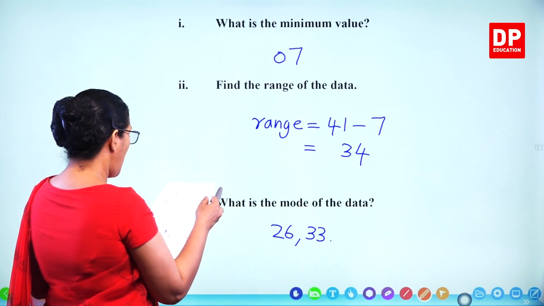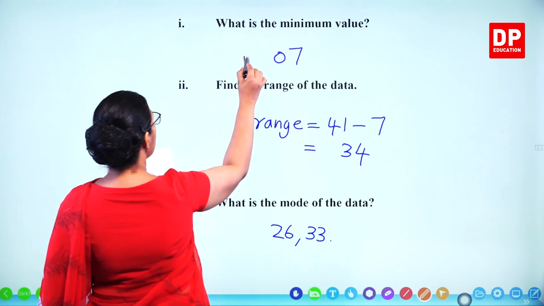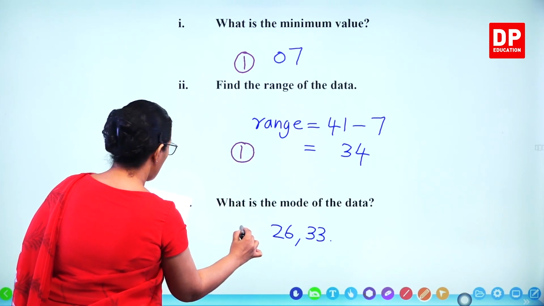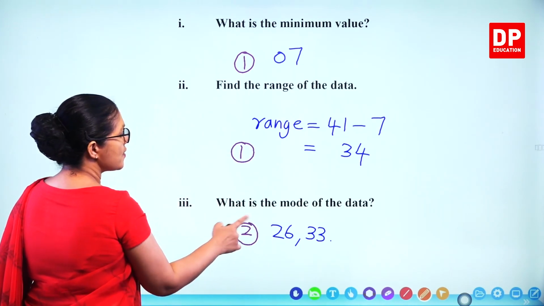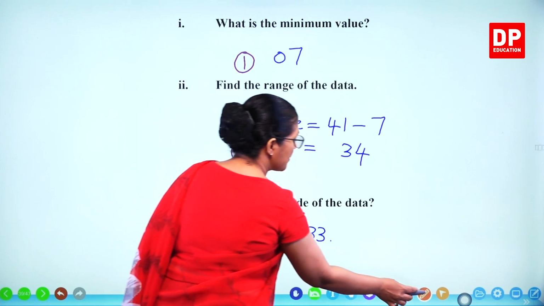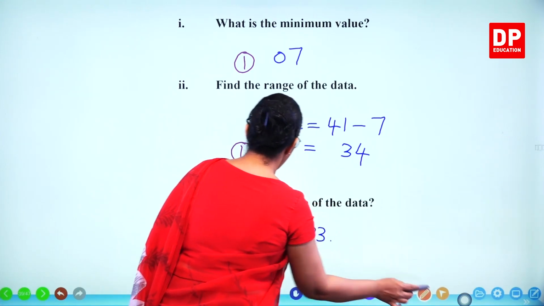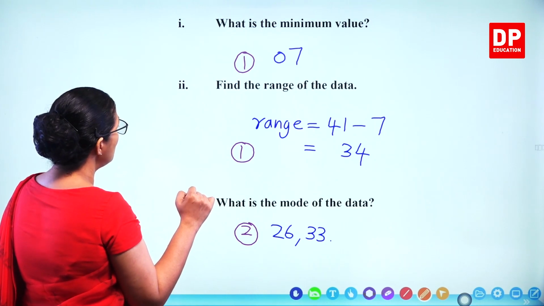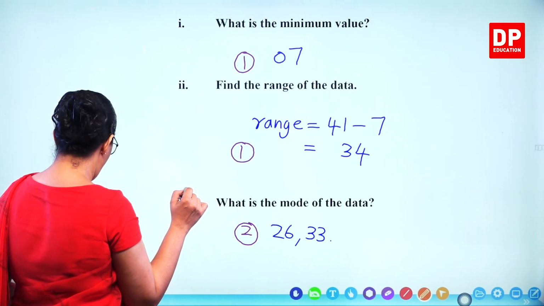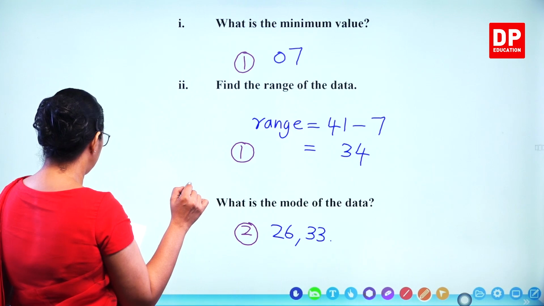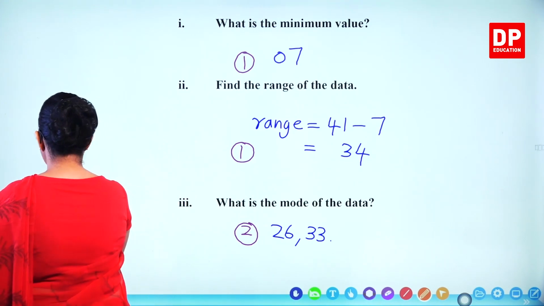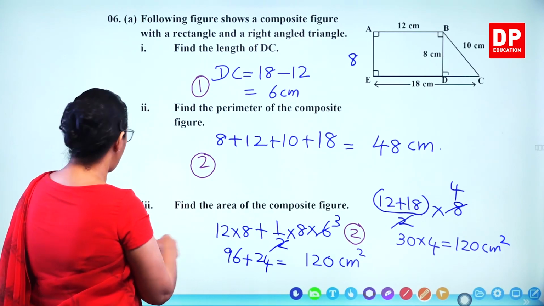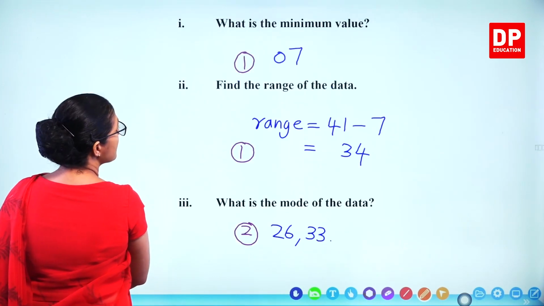When you take the marks, 1 mark here and 1 mark for range and 2 marks for mode, because there are 2 mode values. Here 2, 3, 4, 5, 6 and then this 5, 11 marks.